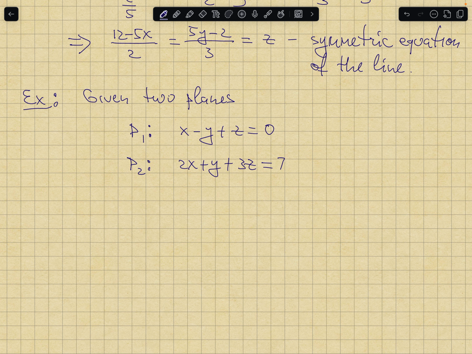Again, answer the following question. If P1 is not parallel to P2, find the angle between P1 and P2.